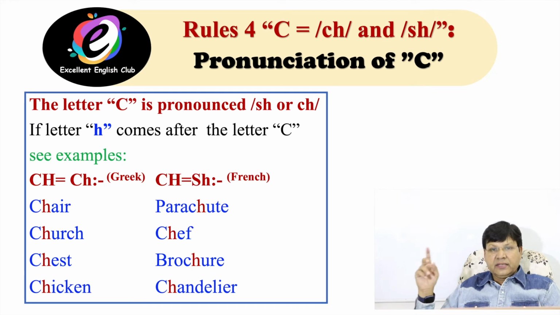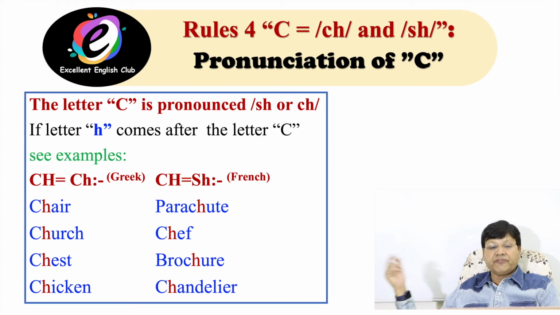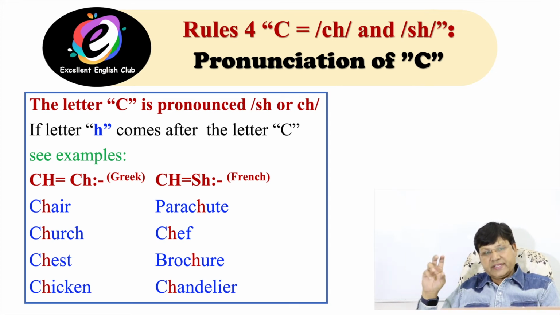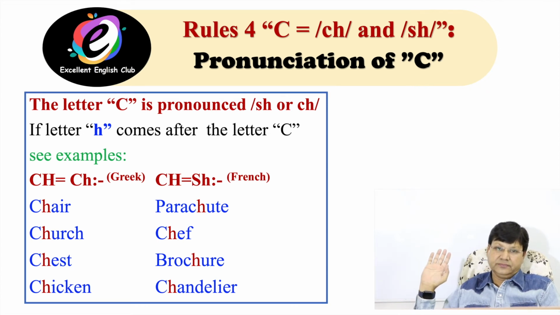In Greek, the pronunciation of CH is cha, and in French, the pronunciation of CH is sha. So if you see a word like chair, this CH is the Greek pronunciation. If you see words like chef or parachute, this CH is the French pronunciation.